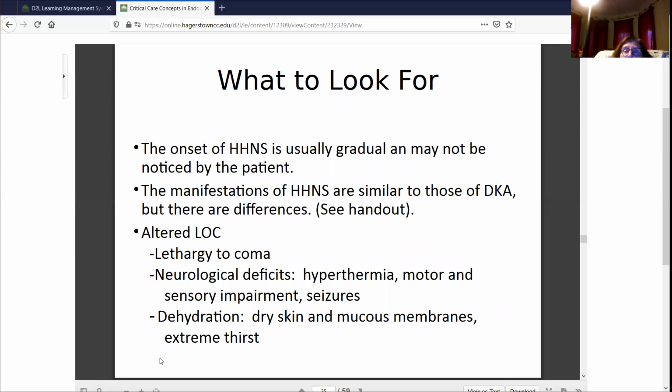So the onset of HHNS is usually gradual and may not be noticed by the patient. Diabetic ketoacidosis is acute. It comes on very fast. HHNS is gradual. Okay. So the manifestations of HHNS are similar to those of DKA, but there are differences. Altered level of consciousness, lethargy to coma, neurological deficits, hyperthermia, motor and sensory impairment, and seizures, dehydration, dry skin and mucous membranes, and extreme thirst.